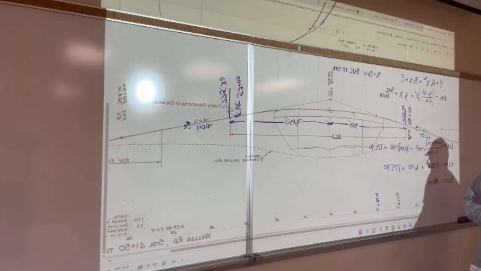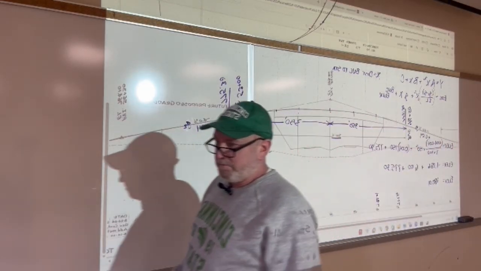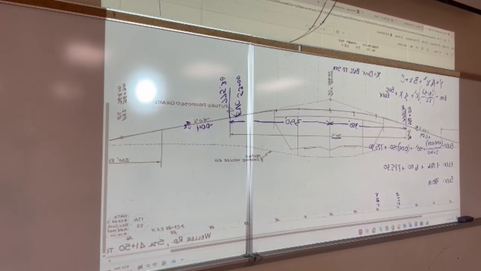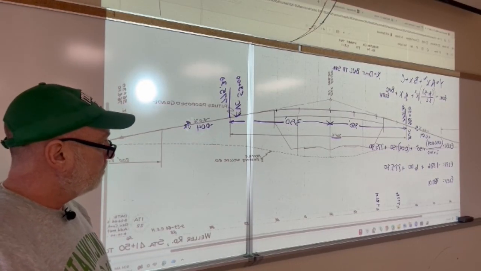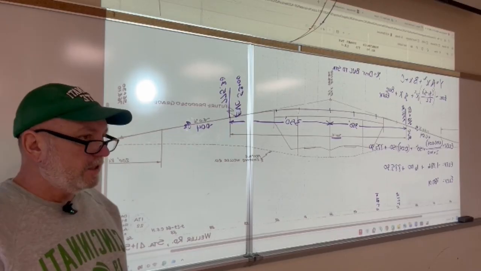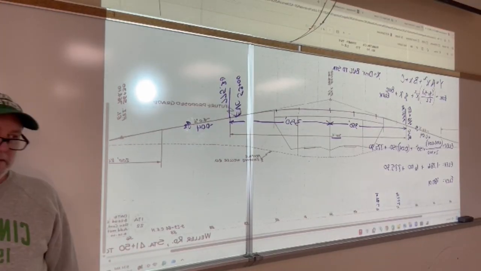Anybody have any questions on hand calculating elevations through a vertical curve? In my many years of experience out in the field, I never had to hand calculate one of these, but I think it's good to give you some exposure to it.